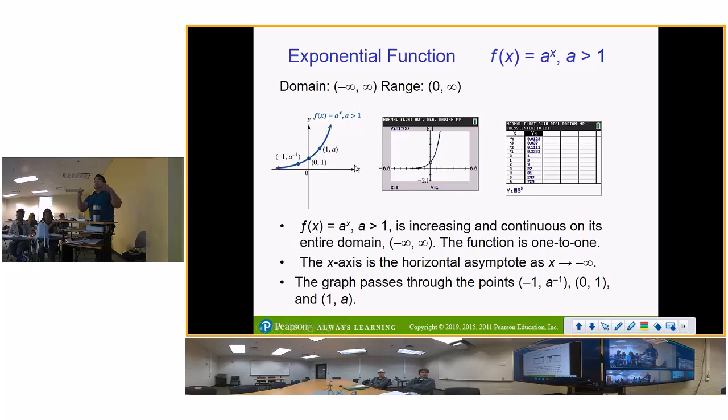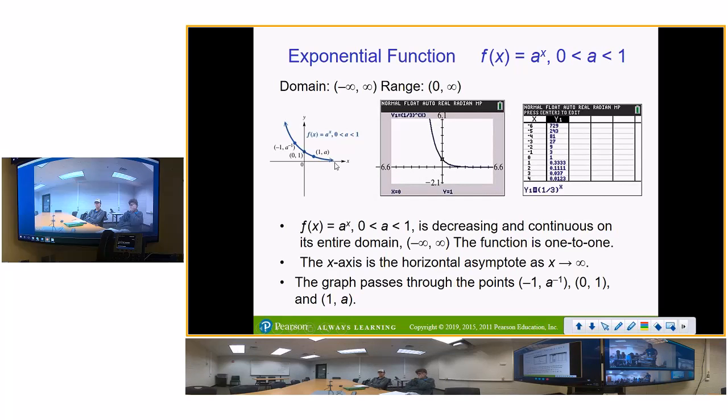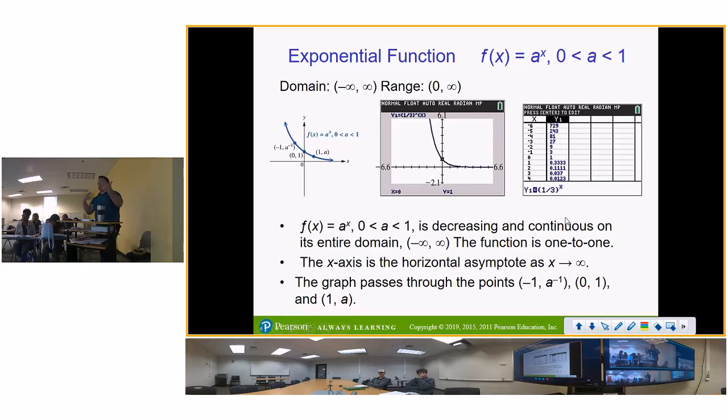Now you can think about that in your head. 2 to the 4th, 2 to the 5th, 2 to the 6th, 2 to the 7th. It's going to be a bigger number. Whereas a fraction, the denominator is getting bigger, so the denominator is making the function get what? Smaller. So you got to use a little bit of common sense there.